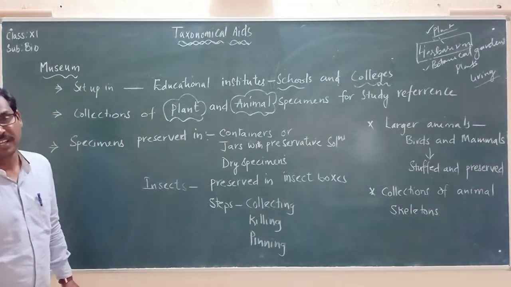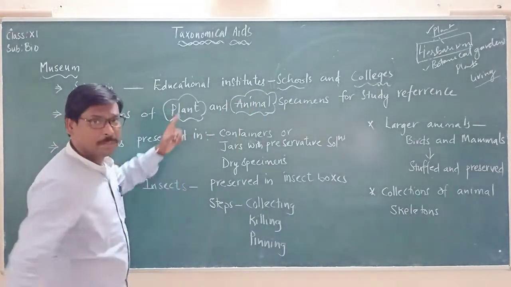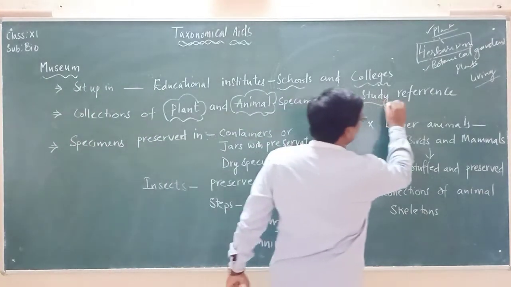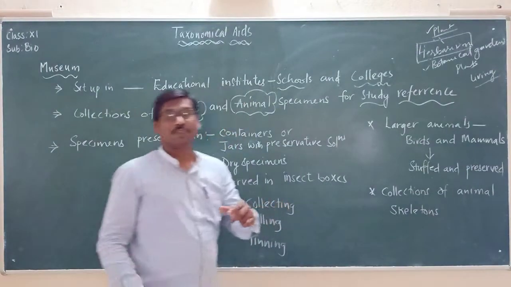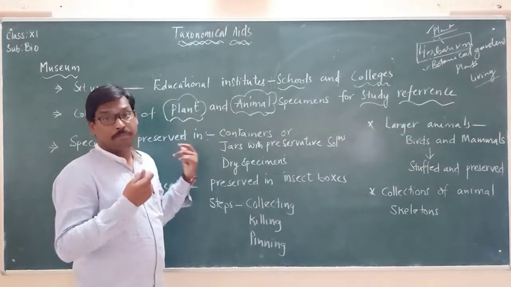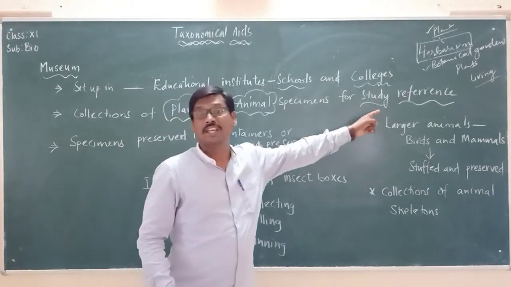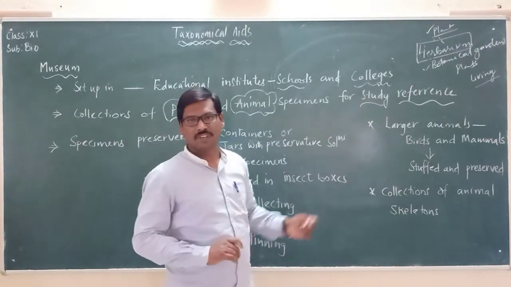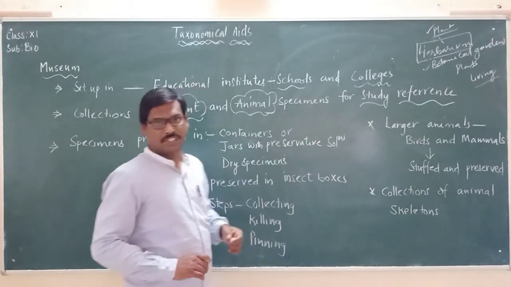For what purpose do we keep the plants and animals in the museums? It is for study reference. Please remember, it is for study purpose, which we call study reference.